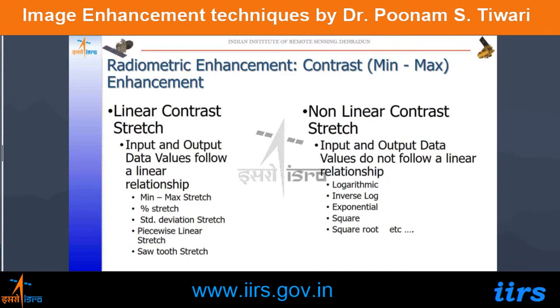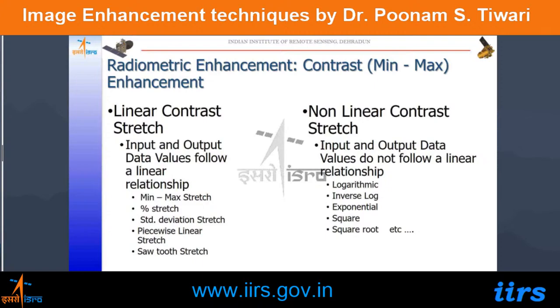So you bring the darkest pixel of the histogram to 0, and the brightest pixel of the histogram to 255, and for all the values in between, the new values are calculated in a linear manner. So it expands the original input values to make use of the total range of sensitivity of the display device.